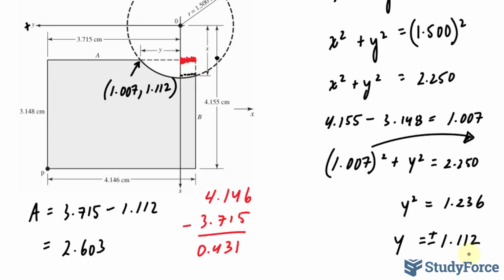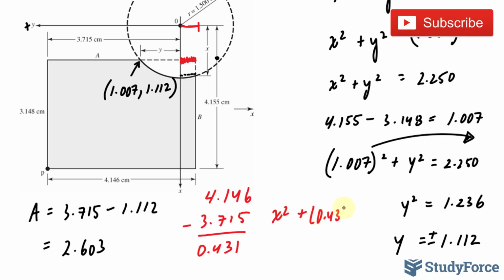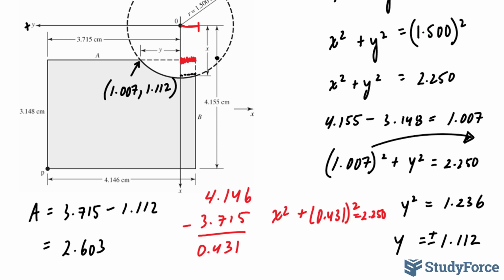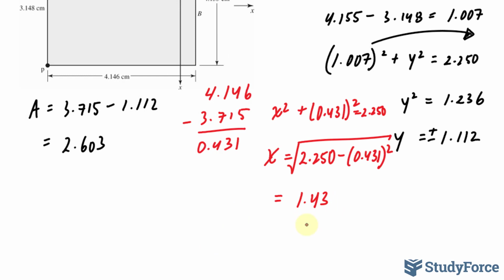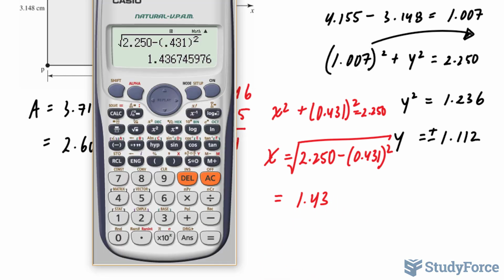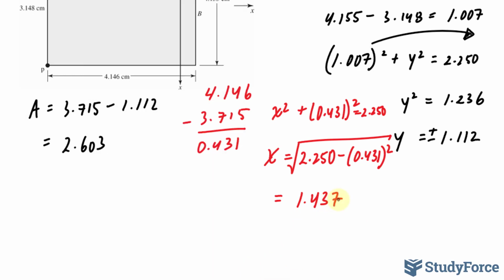Therefore, when y is equal to 0.431, or you can even say negative 0.431, if you plug this into the equation that we built, x squared plus 0.431 squared, whether you make it negative or positive doesn't matter because you're squaring it, is equal to 2.250. If you do this successfully, you should end up with the following number: 1.437, going up to 4 significant figures.